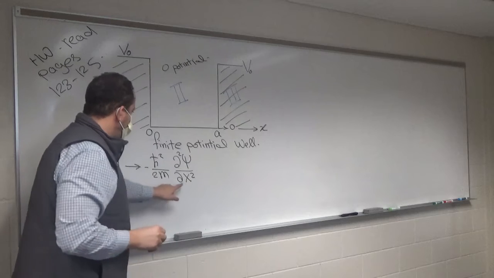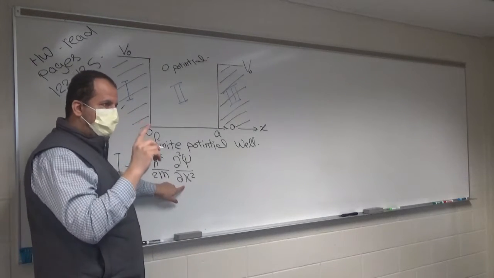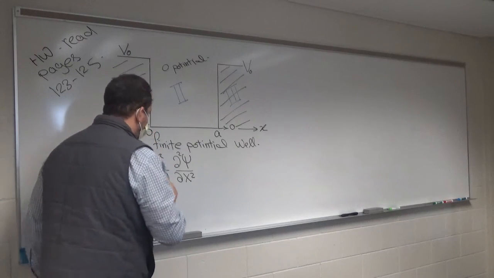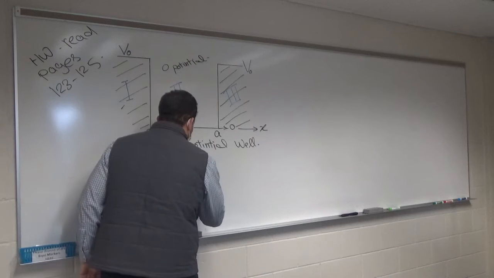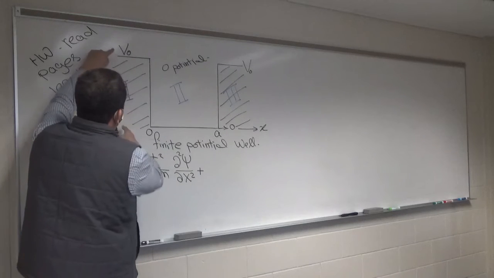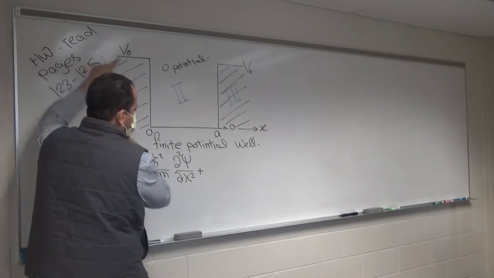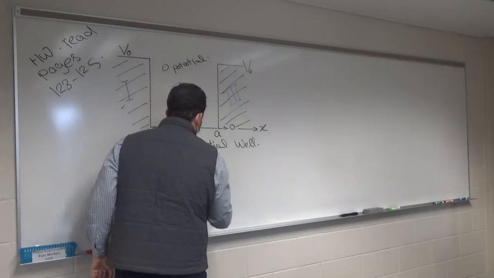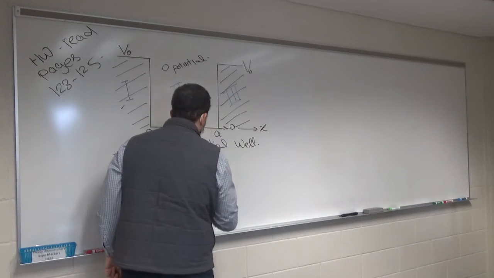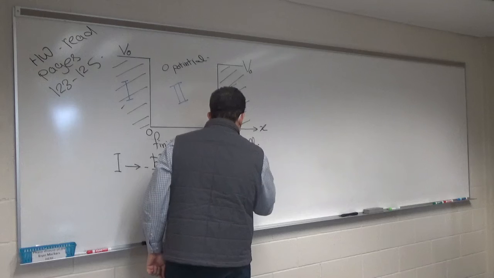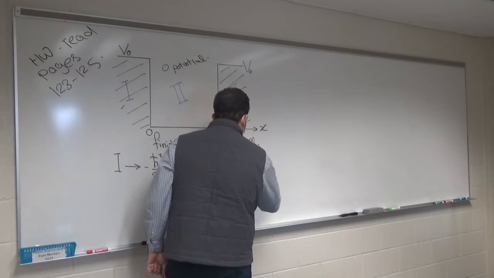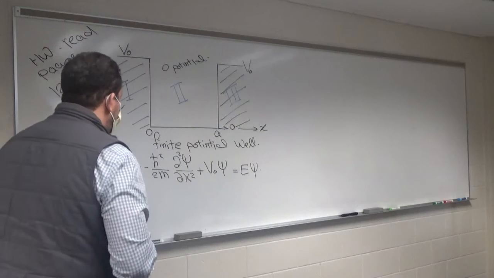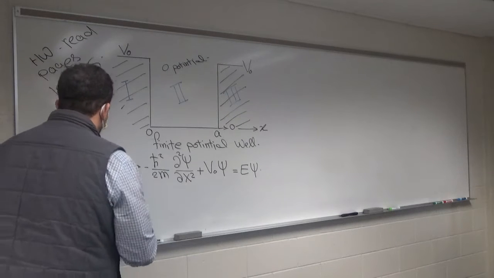I have the whole equation here just in 1 dimension, so we don't have it in 3 or 2 dimensions. And we need to add the potential that we have right here. So we have here V0, and here we have psi, and that's equal to energy times psi. So this is the first equation.